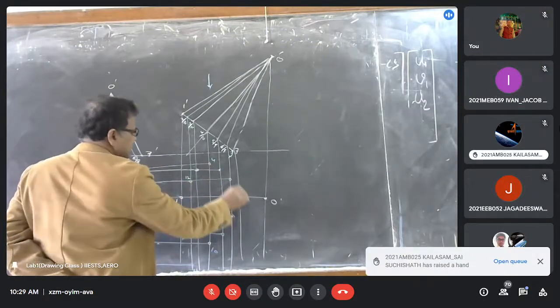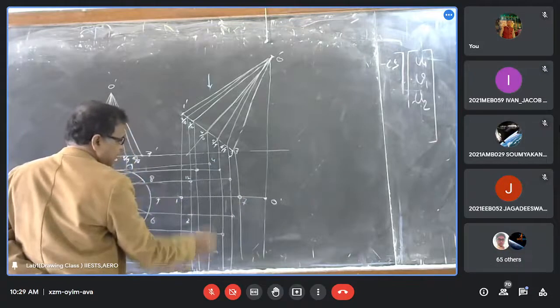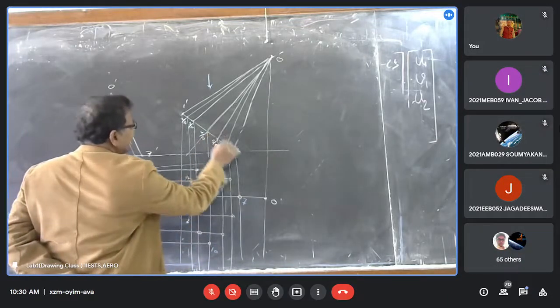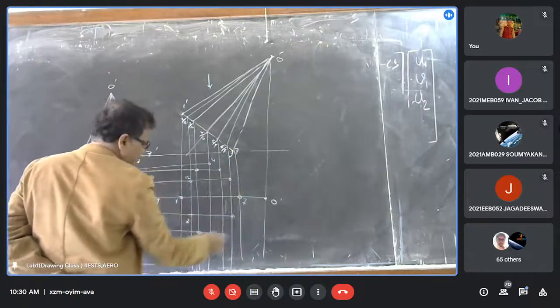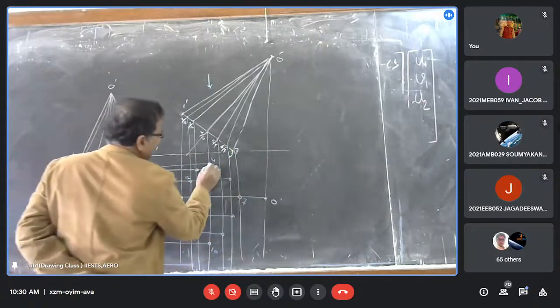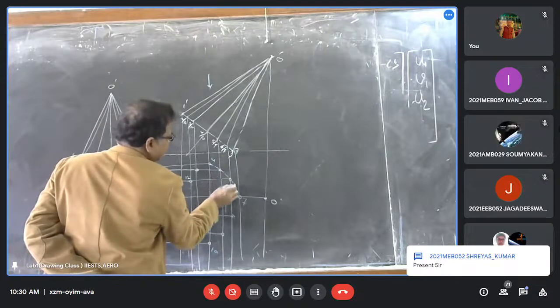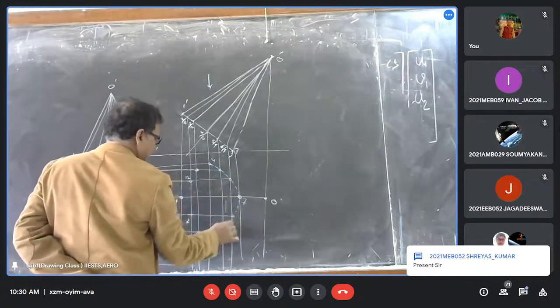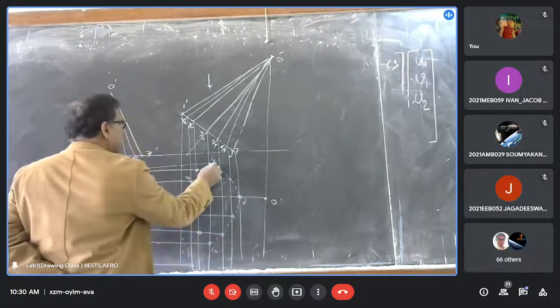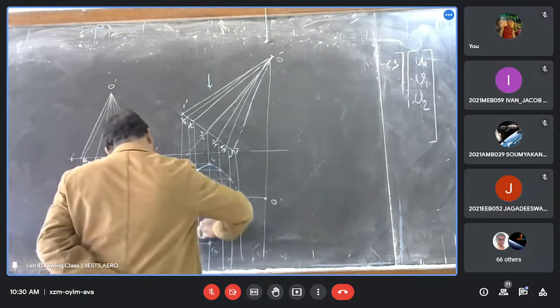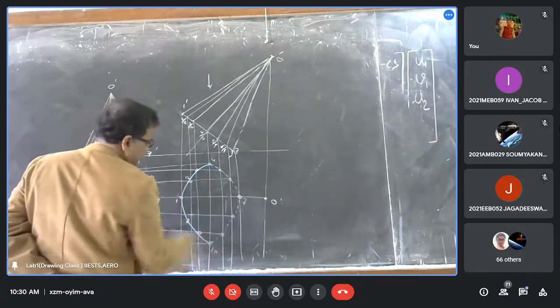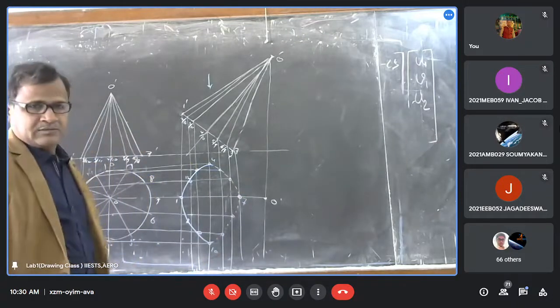To this side you cannot see, because it is on the bottom. To 10, so it is coming as a dotted line. But you can see this side because it is lying on the top. Am I correct?